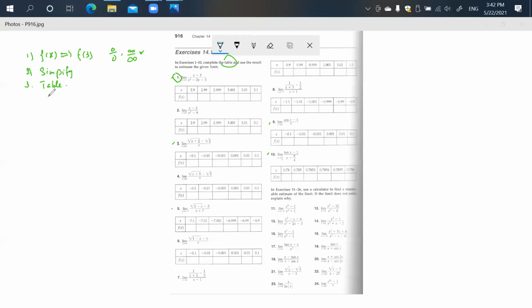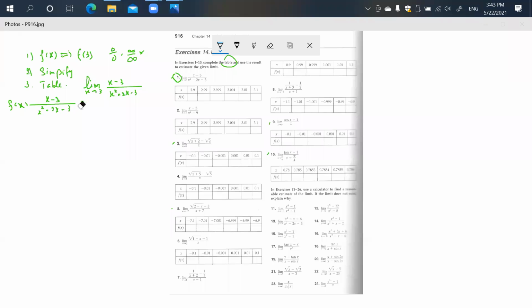So we write it down: limit of x minus 3 over x squared minus 2x minus 3, when x approaches 3. Okay, this is the question.